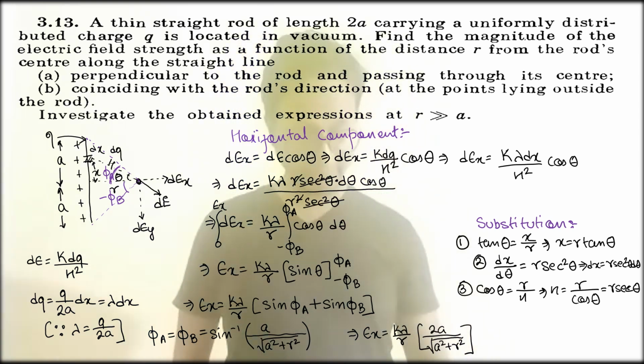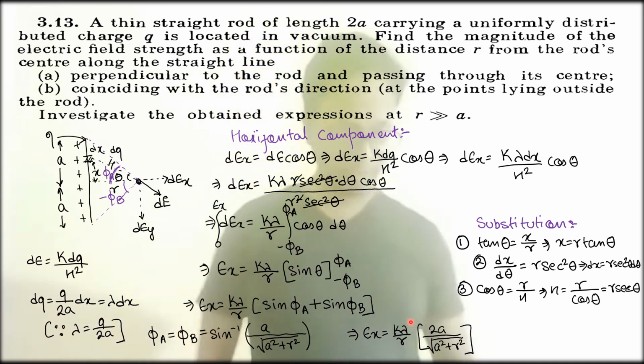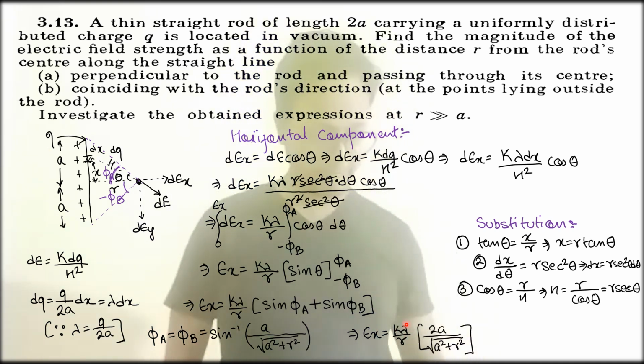Now in this specific question, the linear charge density is not given. The total charge is given. So can I substitute lambda out here? Lambda should be substituted by q by 2a. So out here, this a and this 2a would get cancelled.